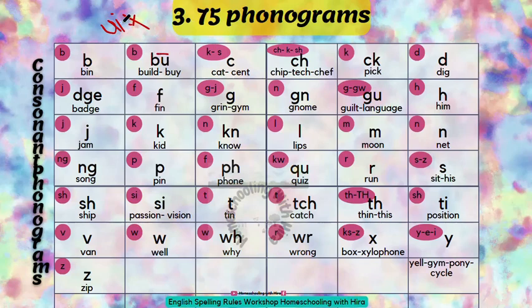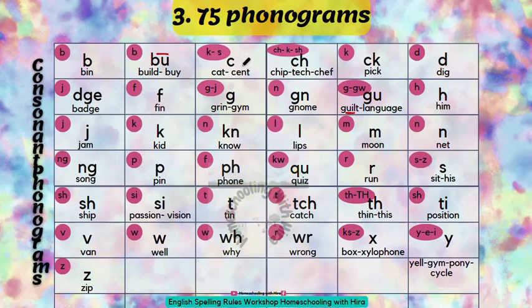Or if you have this pattern like in guild, ui again is here, so don't take it as ui, take it as gu. When I reach there, I'll give you the sound of this as well, but the phonogram is not ui, it's bu, as in built, buy.